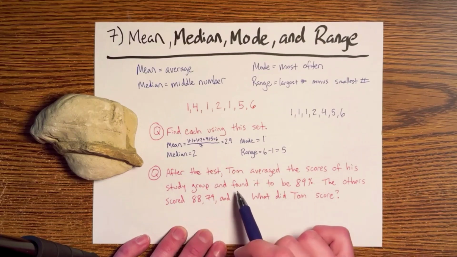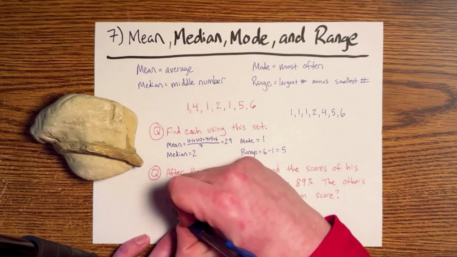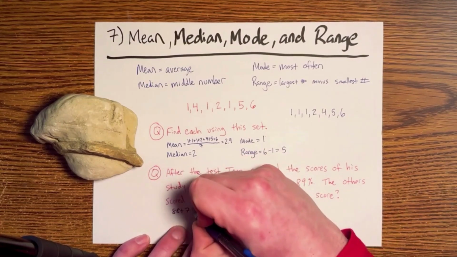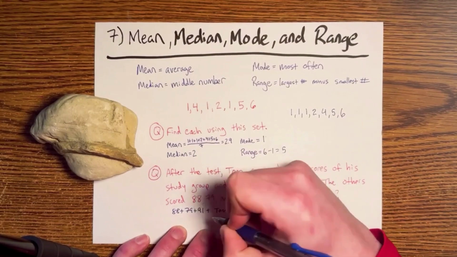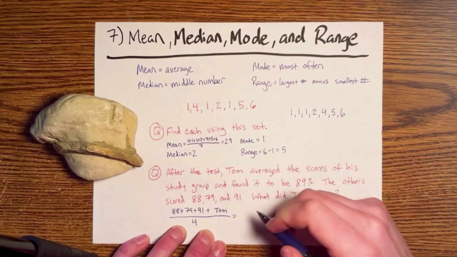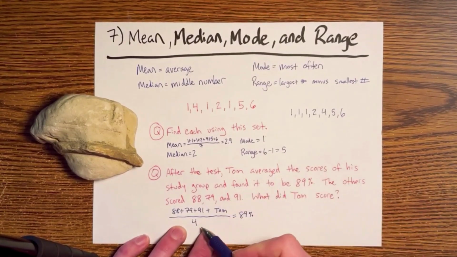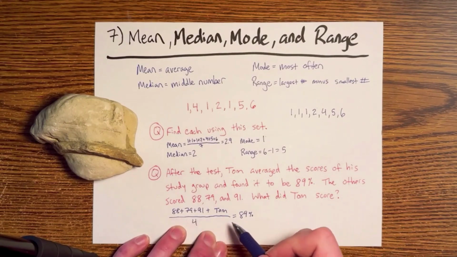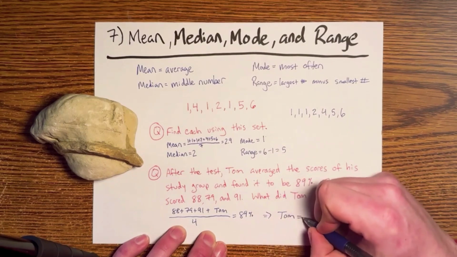So we're going to have 4 people apparently in this study group with the scores of 88 plus 79 plus 91 plus Tom's score, and then we divide that by 4, and we know that turns out to be 89%. So we'll multiply each side by 4 and then subtract 88, 79, 91 to end up with Tom's score to be 98%.